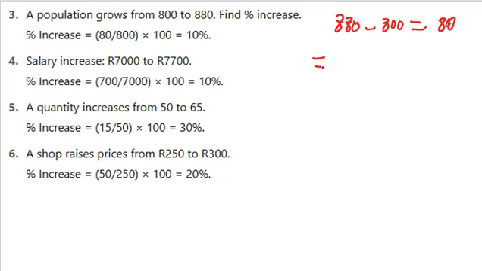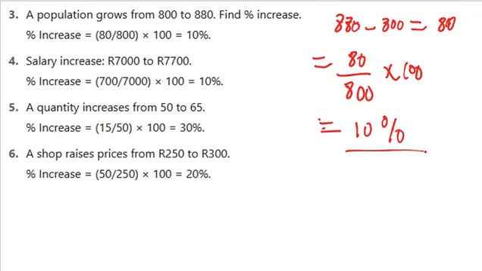Then to calculate, you're gonna say the increase divided by original. Original was 800, times 100, and that's gonna give you 10%. If you punch in the calculator, obviously you're gonna get 10, but you should know that it's already in percentage.